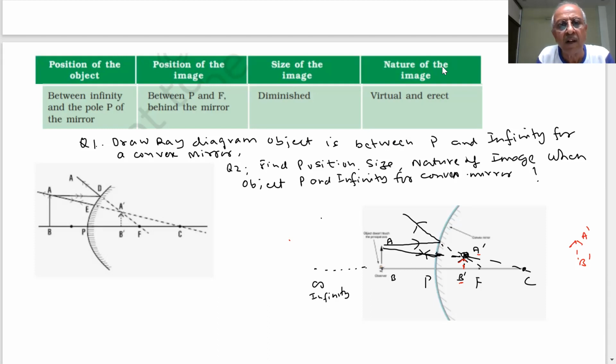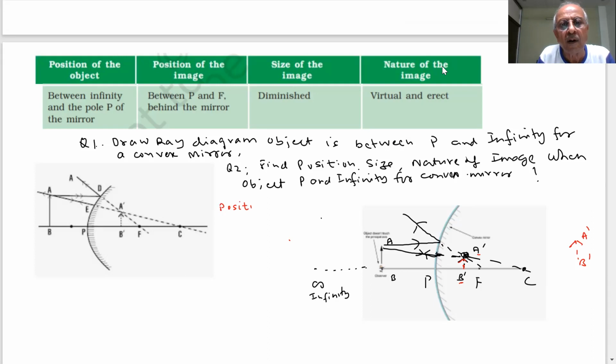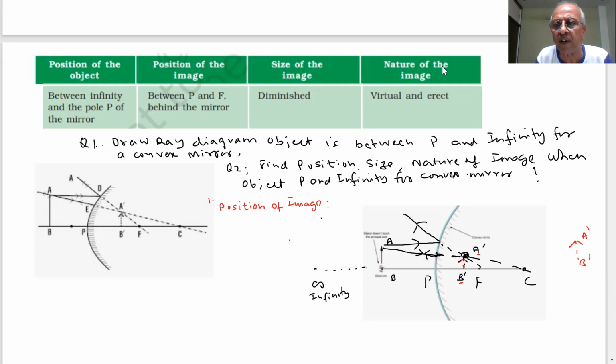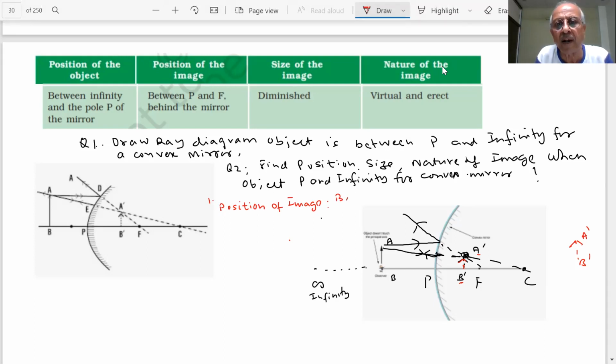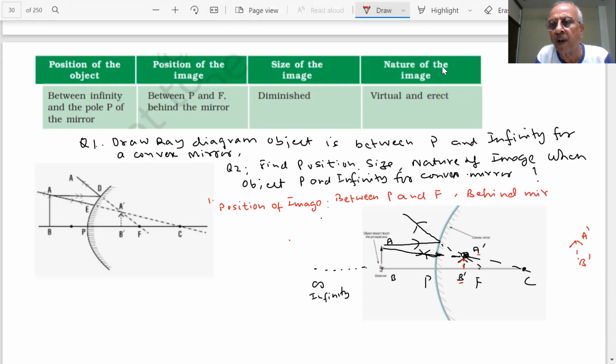Where is it formed? What is the position of the image? First question, position. What is the position of the image when the object is between pole and infinity? It is between P and F, the pole and the focus, behind the mirror.